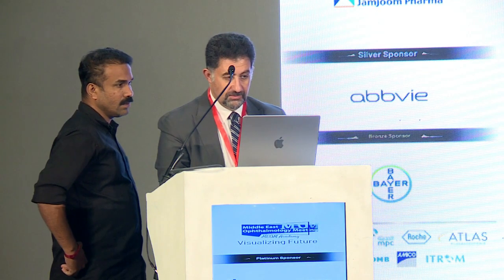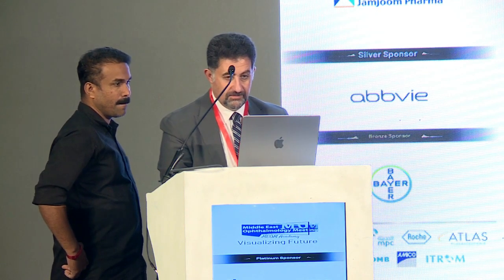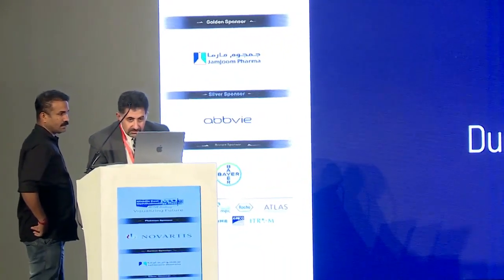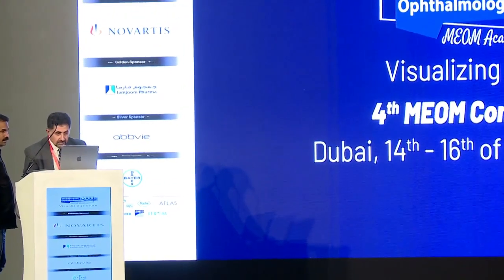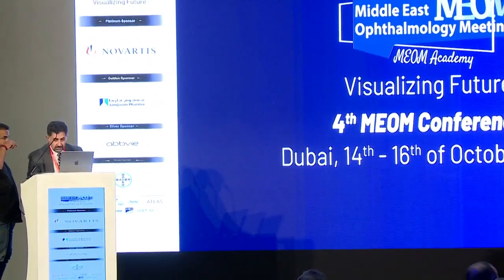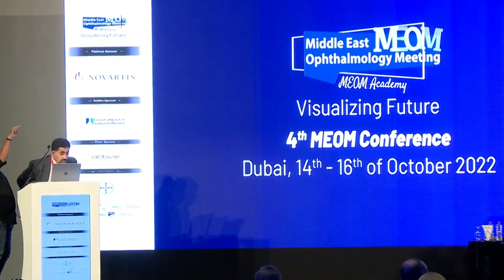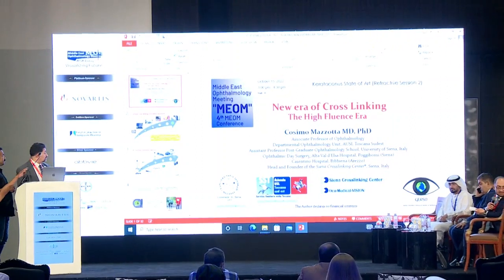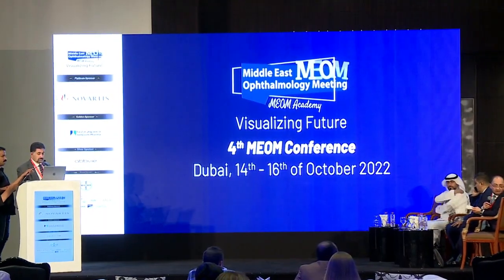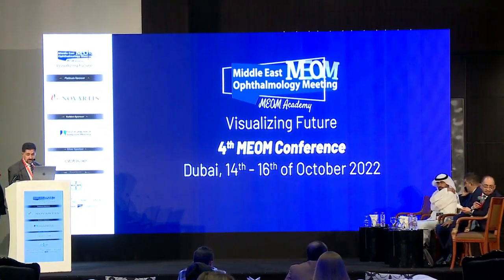It's a video. So I have one question to Dr. Cosimo. You said, for example, that when changing the fluence, you are using 30 milliwatt to reach, let us say, 5.4 in 1 minute. To reach 7.1, you keep the 30 milliwatt but increase the time.